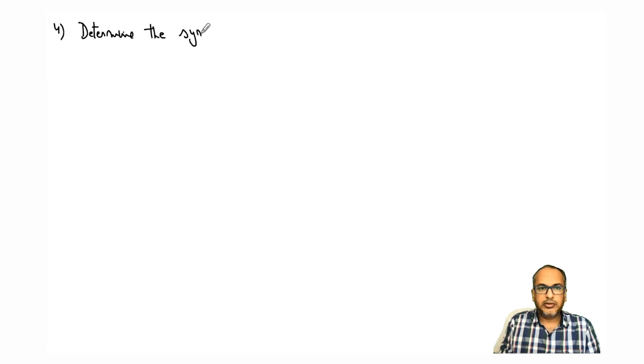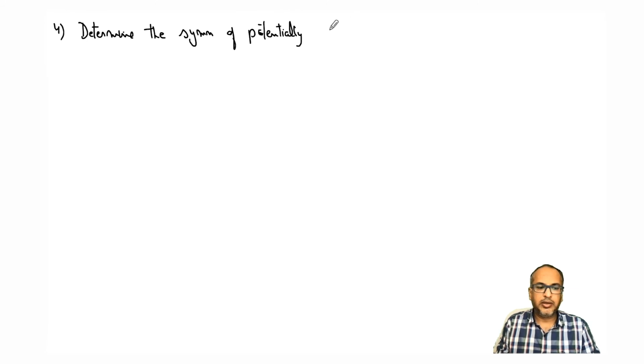Now fourth is determine the symmetry of potentially bonding atomic orbitals on the central atom.